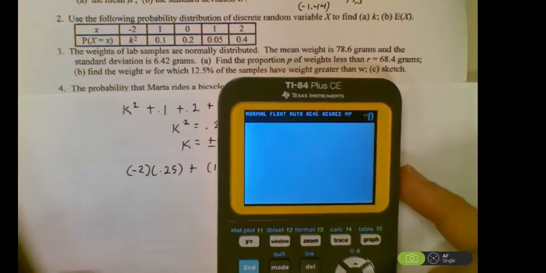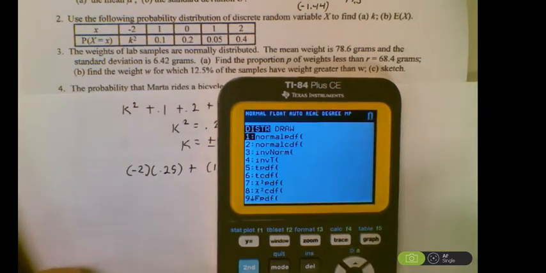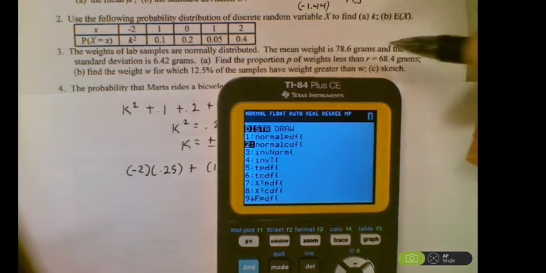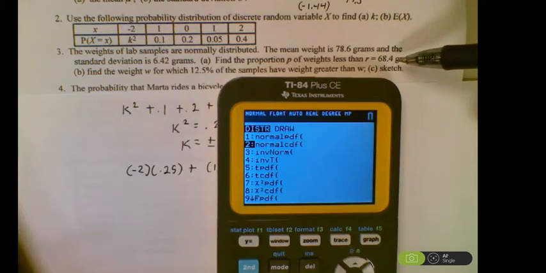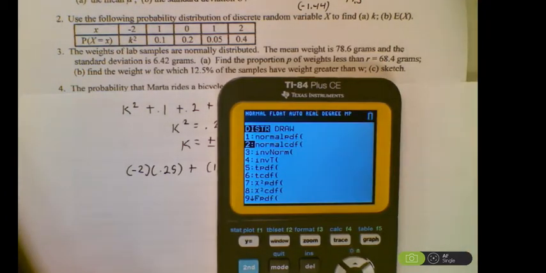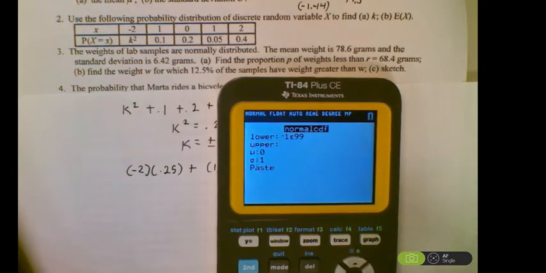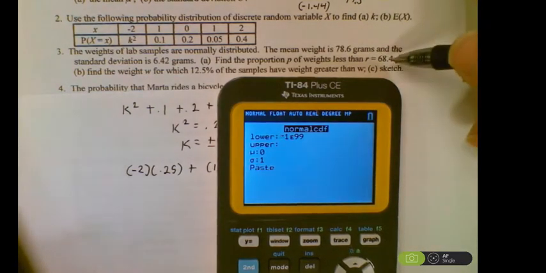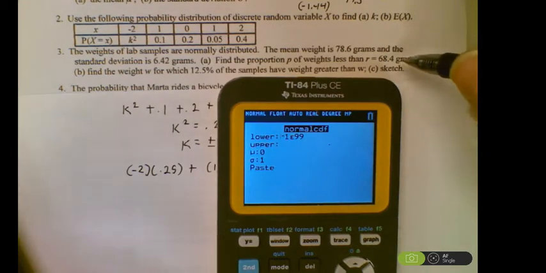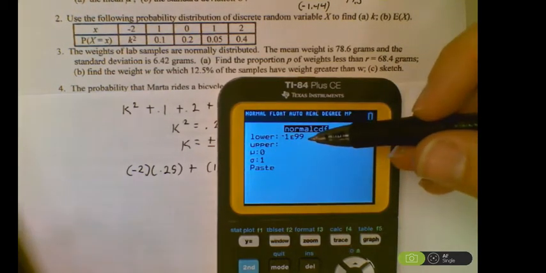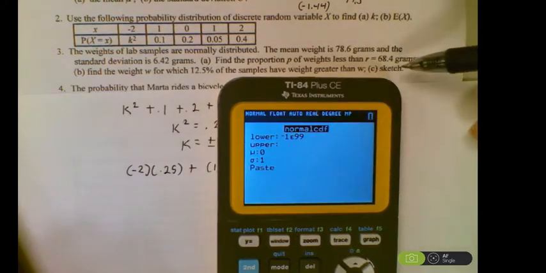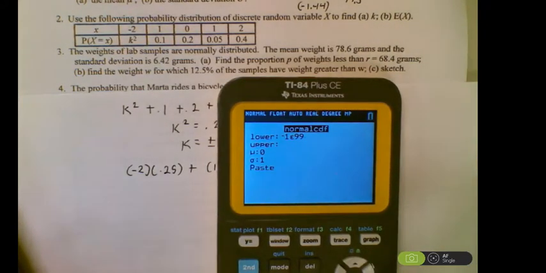So if I go under distribution, I'm going to choose normal CDF. The C is for cumulative, because in this case it's everything less than 68.4, so it's a cumulative sum. If it says less than 68.4, that means I'm going everything below that, so I can go all the way to negative infinity, and then as high as 68.4.